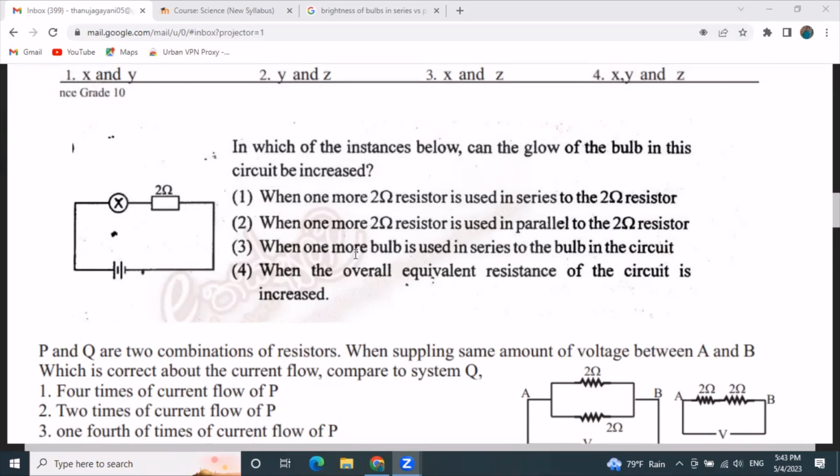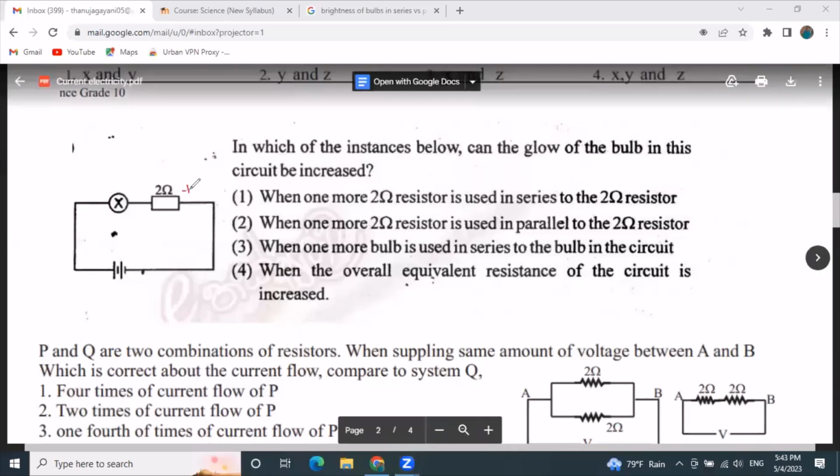When one more 2 ohm resistor is used in series with the 2 ohm resistor, in series method, here a 2 ohm resistor already exists, and when we connect another 2 ohm resistor, we can add 2 ohm plus 2 ohm, that means the resistance is 4 ohm.